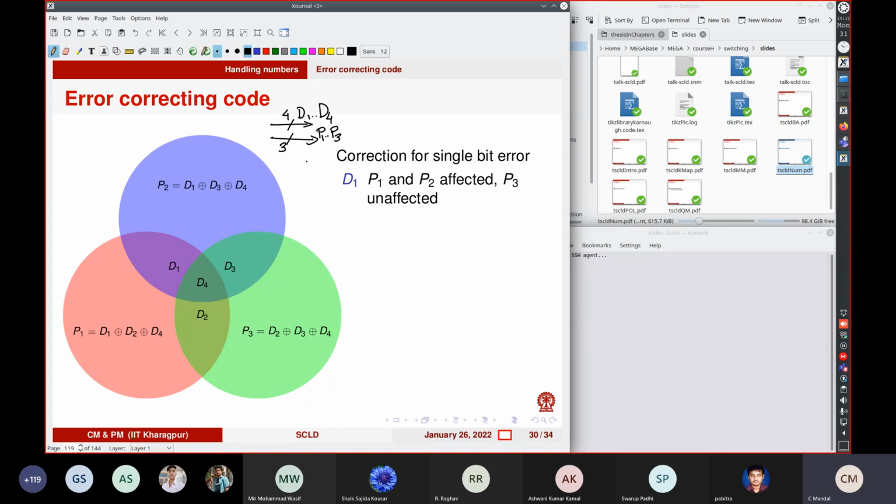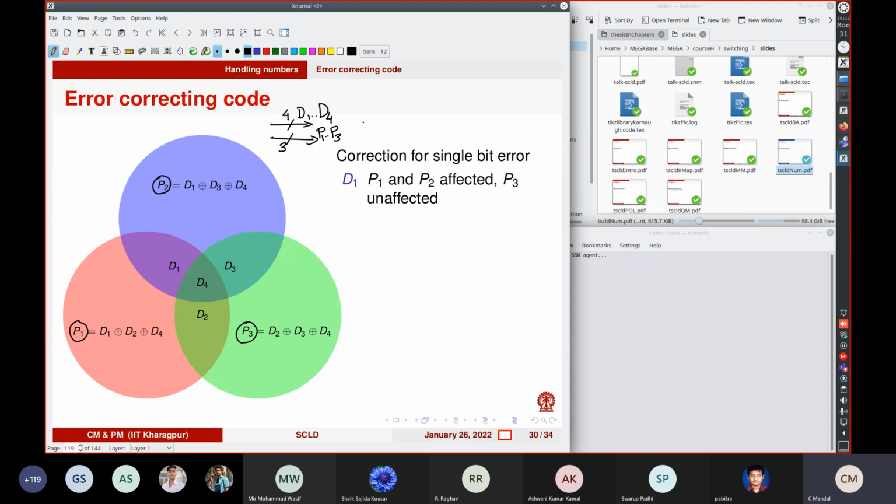The data is of course your input, and using the data you compute the parity bits as shown over here, and you transmit those.